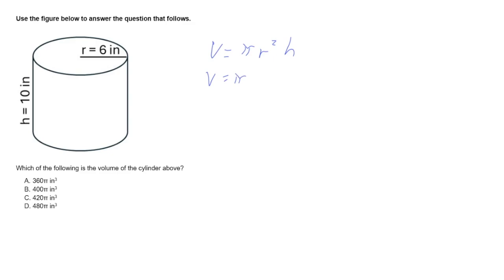So pi, and we're given the radius here of 6 inches. So we'll fill that in, 6 inches squared. And we're given a height here of 10 inches, times 10 inches. Perfect, so let's work through the math. Volume equals pi.